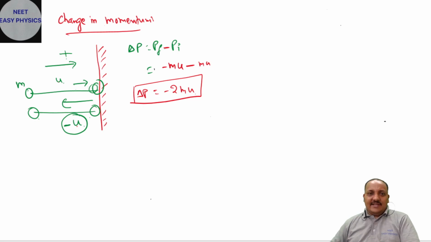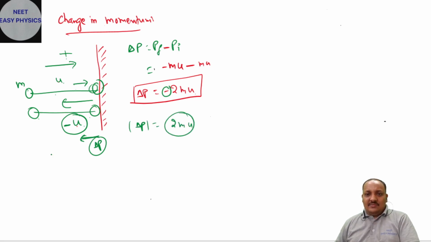What does this negative sign represent? It means the change in momentum is away from the wall. So the magnitude of change in momentum is 2mu. Now, how much force is acting on the wall by this ball? You have to take how much time this change in momentum is occurring.